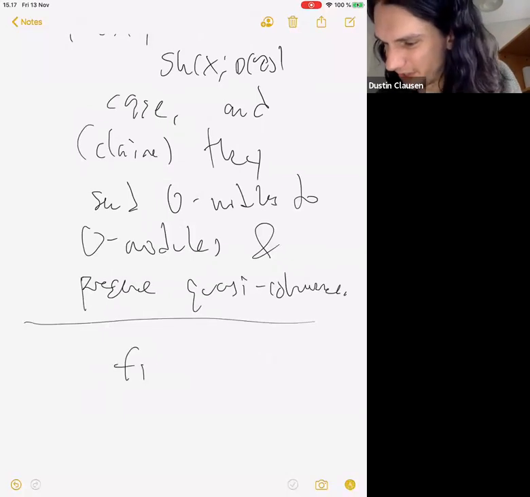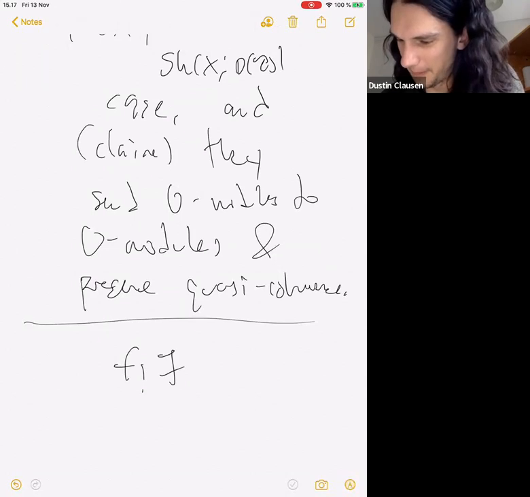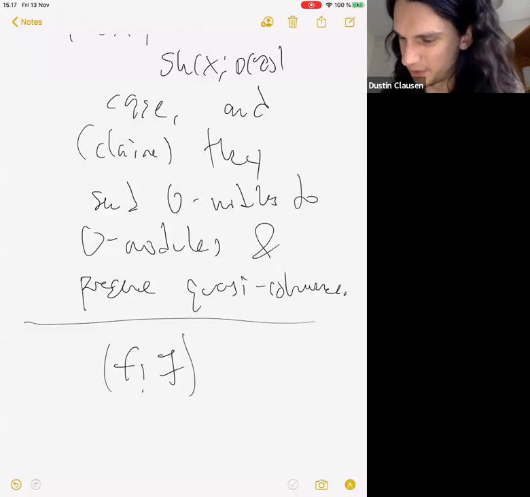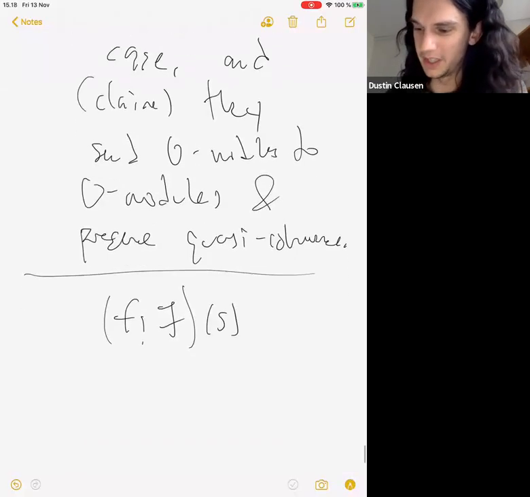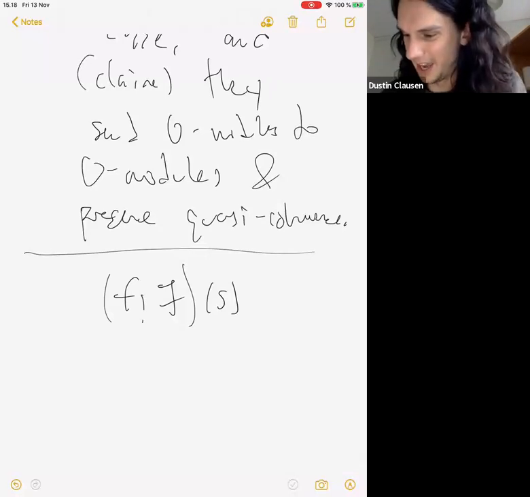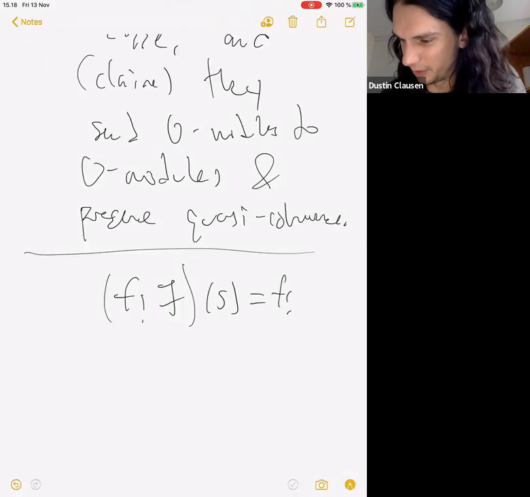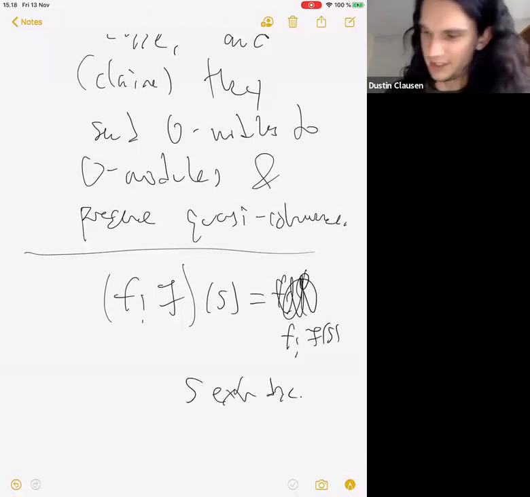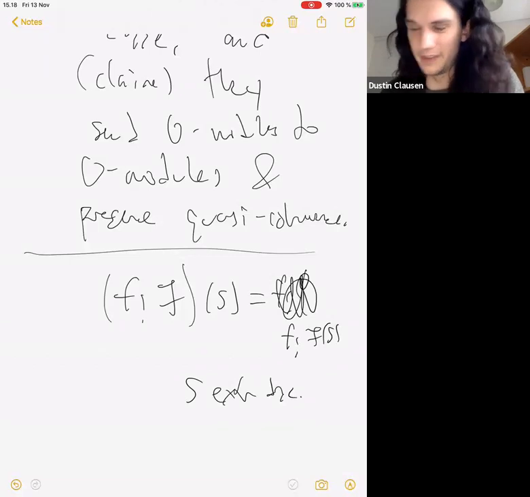Right. I want to remark actually, there's this kind of curious thing. If you want to take an F lower shriek of a sheaf, it's supposed to be a sheaf of condensed things. So it's supposed to have a value on an extremely disconnected set S, which is just a sheaf of ordinary things. And this is going to just be the F lower shriek of the sheaf you get by evaluating F on S. So these extremely disconnecteds commute with everything, like I said.